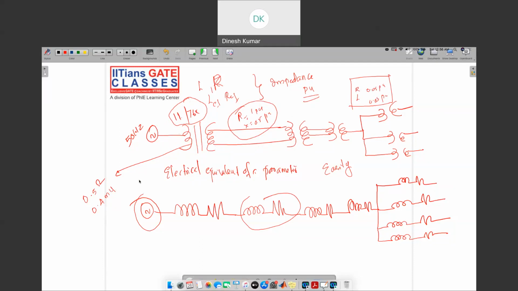So if you take the 765 as the base, we have to convert this. If you look at this, the voltage of this is referred to this particular voltage, so you will convert everything with respect to here. Then, because this is per unit, from the new one we have to convert it again like this.